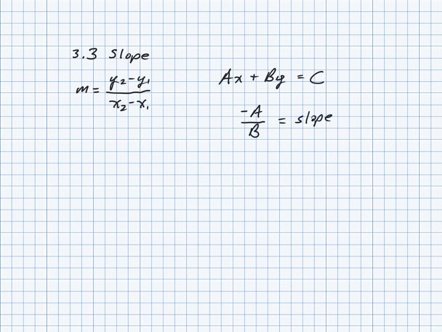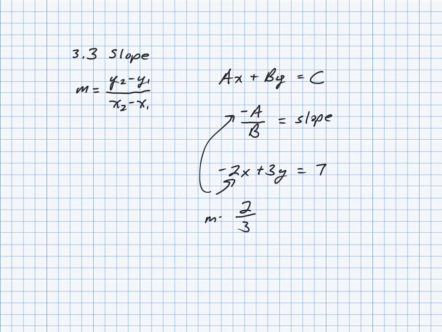An example would be something like negative 2x plus 3y equals 7. In this case, we're going to take the negative 2 and change it to positive 2, because remember, it is the opposite. That's what that negative sign means. So this should be 2 over 3.